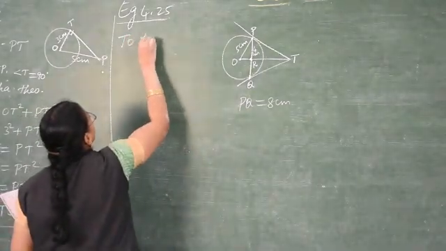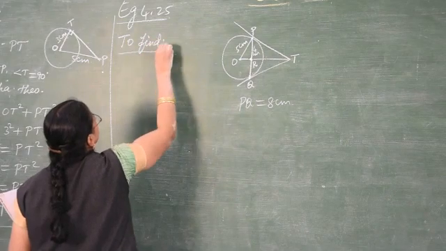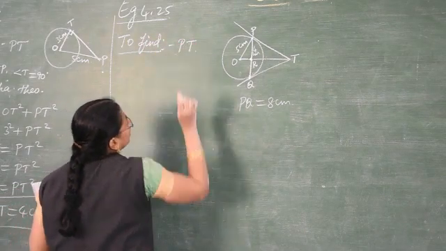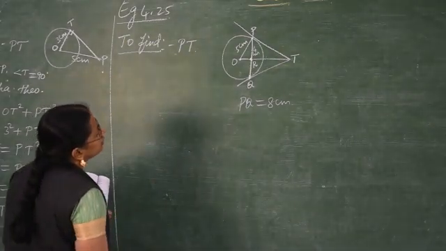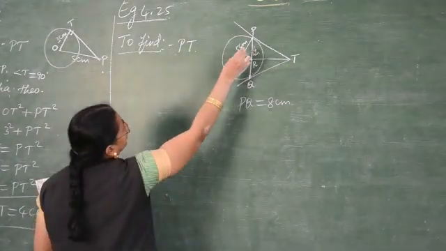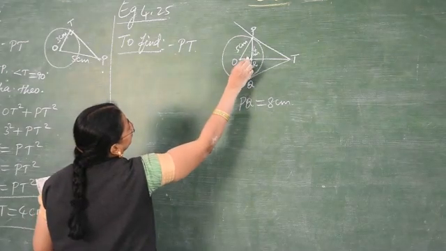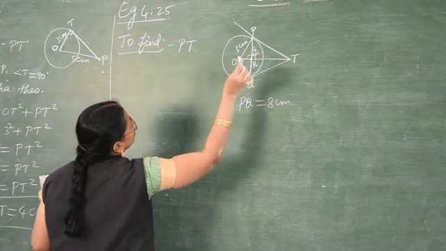So, to find the length of the tangent PT, first you can take the triangle. Here also it will make 90 degrees.